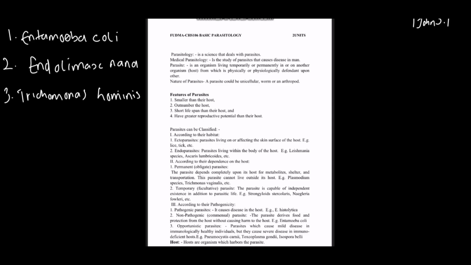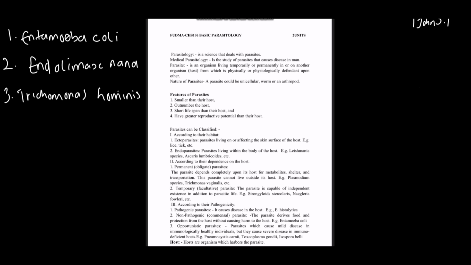Alright, the third type of parasite according to pathogenicity is the opportunistic parasite. From the name opportune, these are parasites that have the ability of causing infection or disease when conditions are favorable.